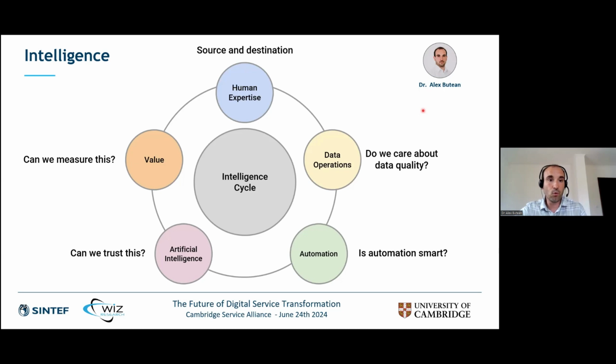Now, how do we move this from just automation to something that's smart? Of course, everybody talks about artificial intelligence and the fact that everybody has started to use various artificial intelligence methods to create value.